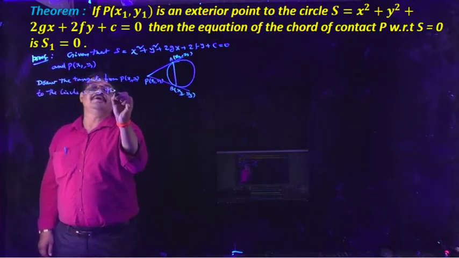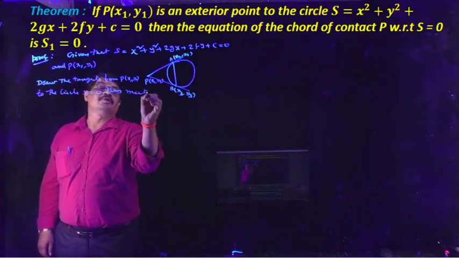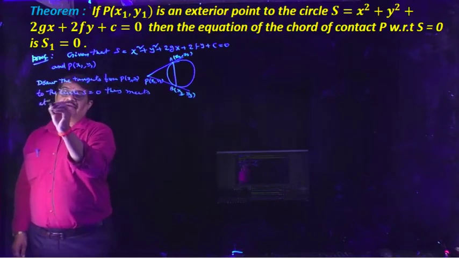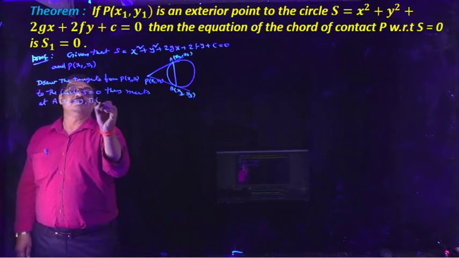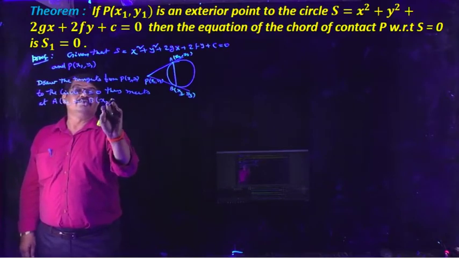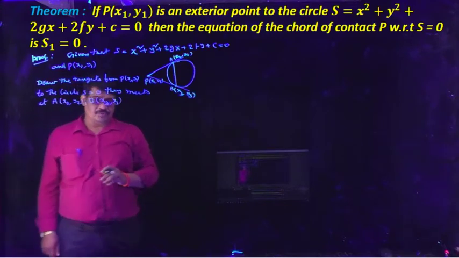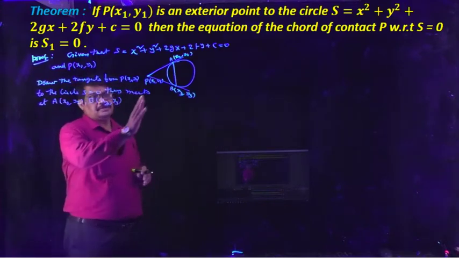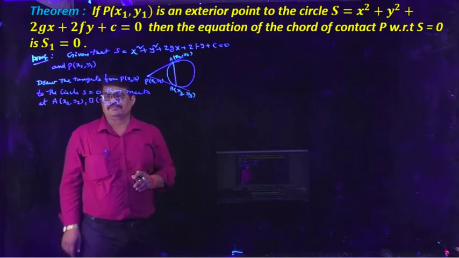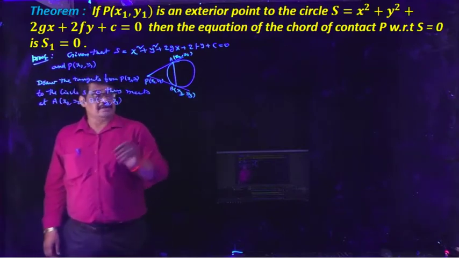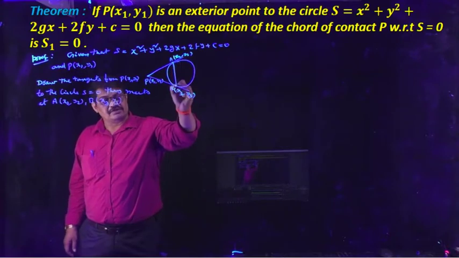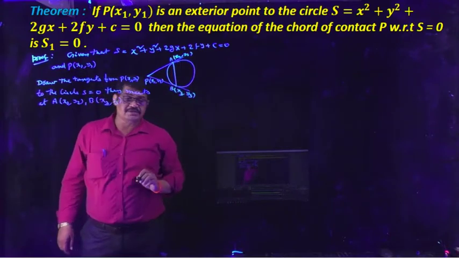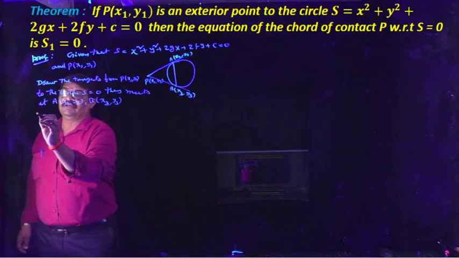They meet at A of x2, y2 and B of x3, y3. These are the 2 points that meet the circle. Now we are writing the equation of the tangent at A of x2, y2 and the equation of the tangent at B of x3, y3.